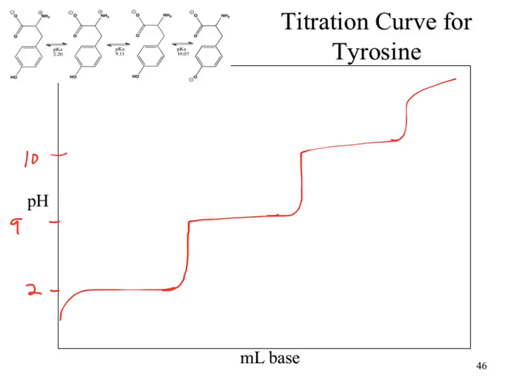We start at the very, very bottom. We're starting here with what? How many acidic hydrogens? 3. H3A going to H2A going to, oh, that was neutral, sorry, because this one was positive.